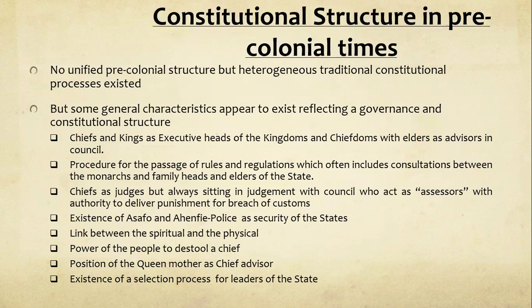Now, we would like to delve a little bit deeper into constitutional structure in the colonial and the pre-colonial times. So when we say the pre-colonial times, that is the period before the introduction of colonial rule in Ghana. So the first point to note is that we had no unified pre-colonial structure, but heterogeneous traditional constitutional processes which were in place. What do you mean by that?